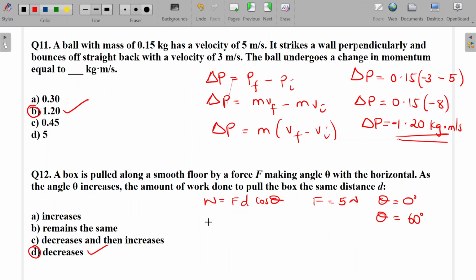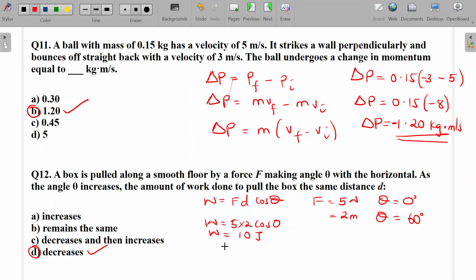The distance is 2 meters. So work is equal to 5 times 2 times cos 0, which gives me 10 joules.